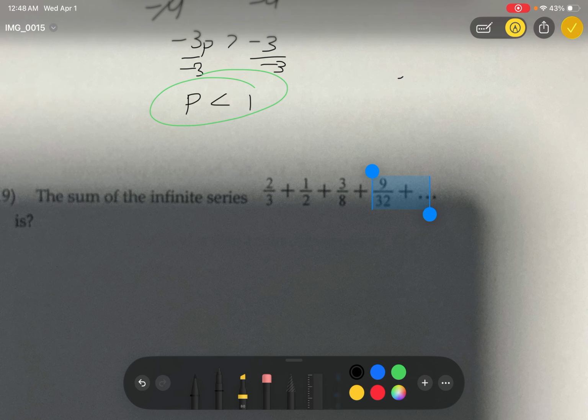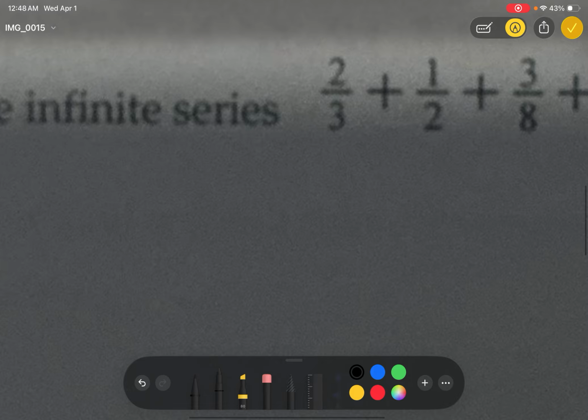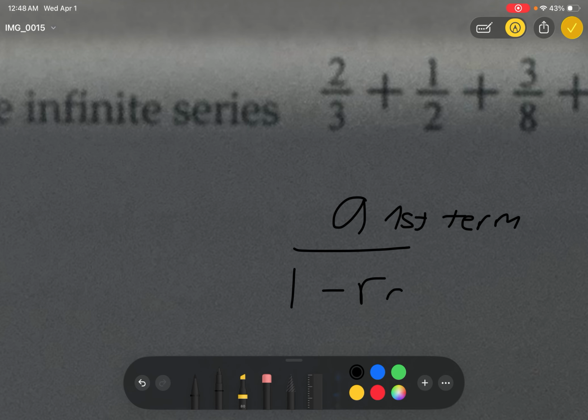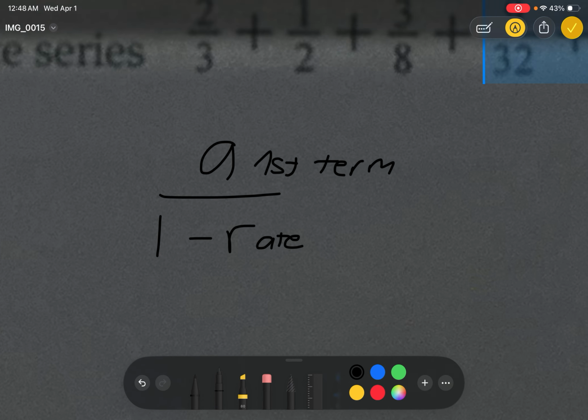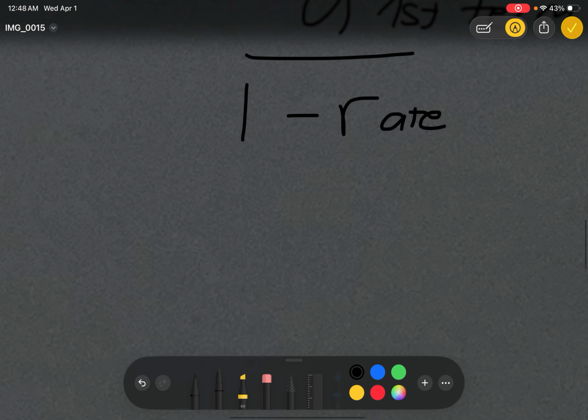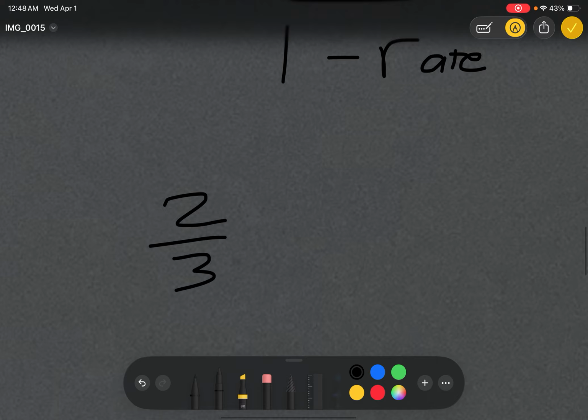The sum of an infinite series is. This is a geometric series because we're trying to find a sum, and the only formula we have for that is the geometric sum. So it's going to be a over 1 minus r, which is your first term, and this is going to be your rate. Alright, your first term is going to be 2/3 over 1 minus r.